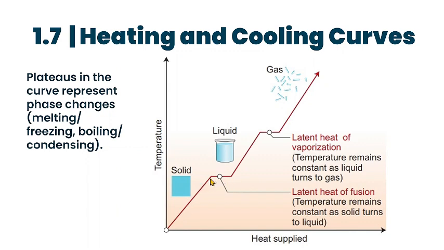So for example, from solid to liquid, this is where we can observe or measure latent heat of fusion. The plateau between liquid and gas represents latent heat of vaporization. Okay?